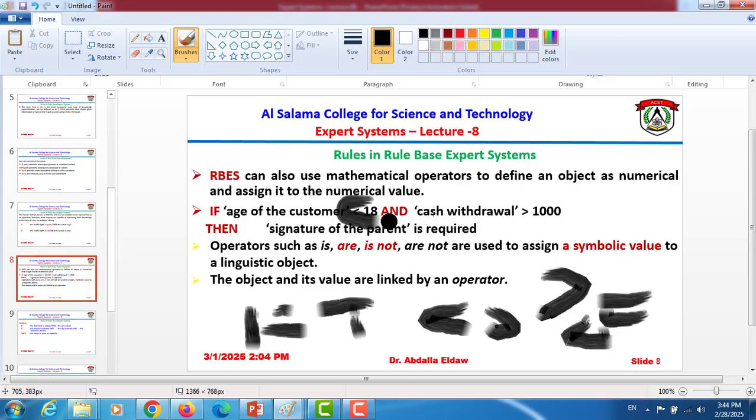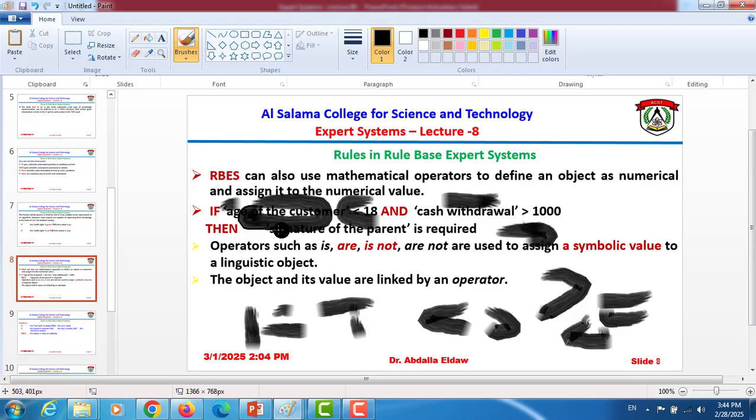And we use these logical operators and mathematical operators in the rule-based expert system, which is if-then. If the age of the customer is less than 18 and cash withdrawal is greater than 1,000, that means according to the AND operator, this side must be correct and this side must be correct, then the result will be correct.